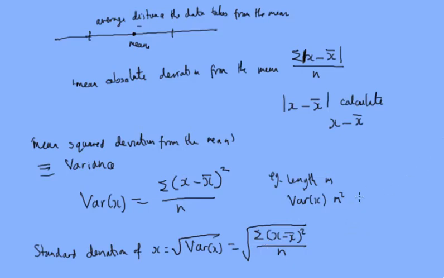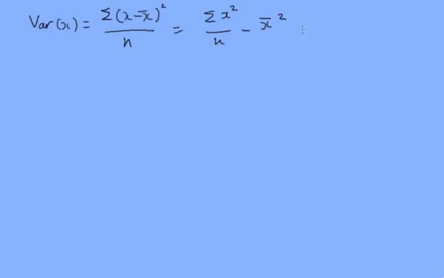Now what we can end up with is, let's actually get a new sheet up. So variance of x equals, we had it from, I'll write the full, sum of x minus the mean squared over n, which can also be written as the sum of x squared over n minus the mean squared, which is the same as the sum of x squared over n minus the sum of x over n, squared.